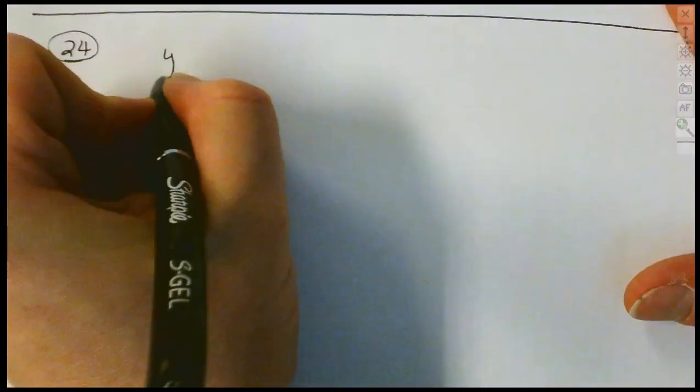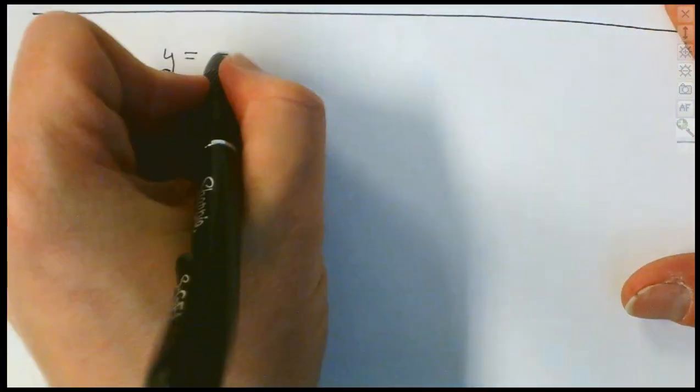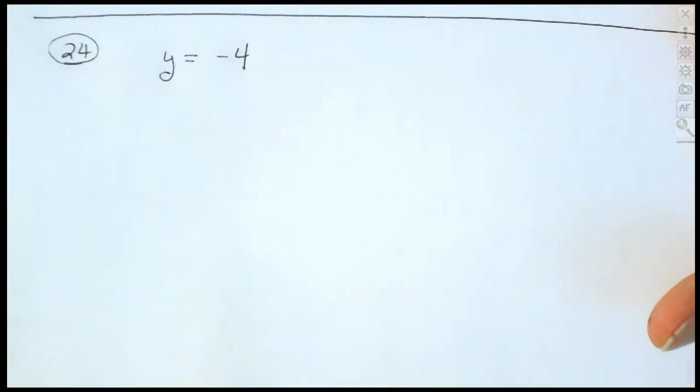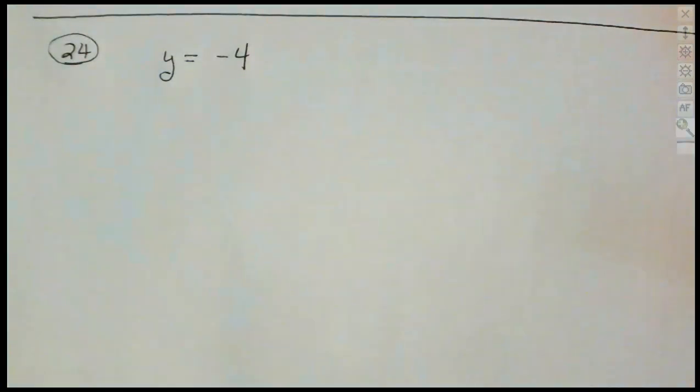This is an easy question. Students make a mistake in the answer part. So we're going to make sure we understand what the correct answer should be. So we need to graph, and we need to find our intercepts for y equals -4.